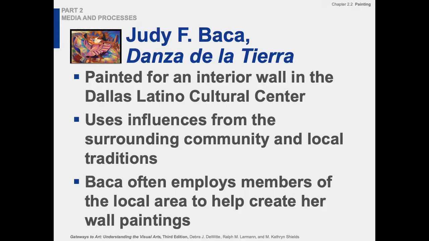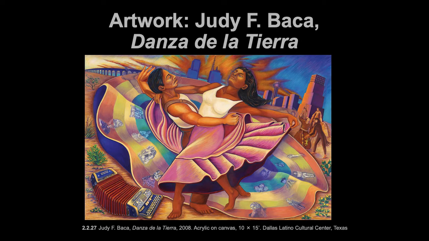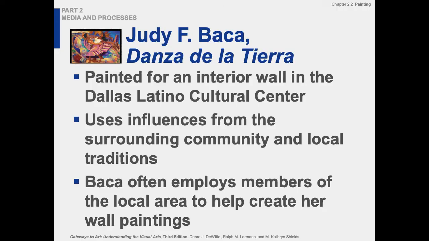It's an interior wall, so that's why it's really beautiful and colorful and well preserved. Also the acrylic paint. This is in the Dallas Latino Cultural Center. So of course we've got dancing figures that represent the accordion and different parts of music, and a monk or a priest here, different things to do with the local culture.